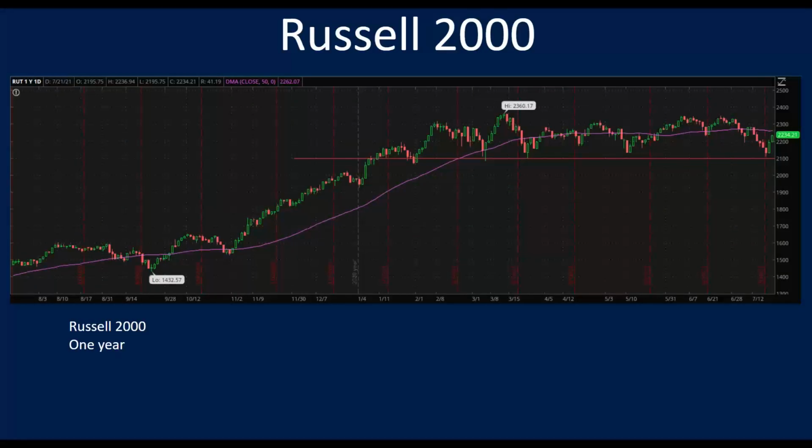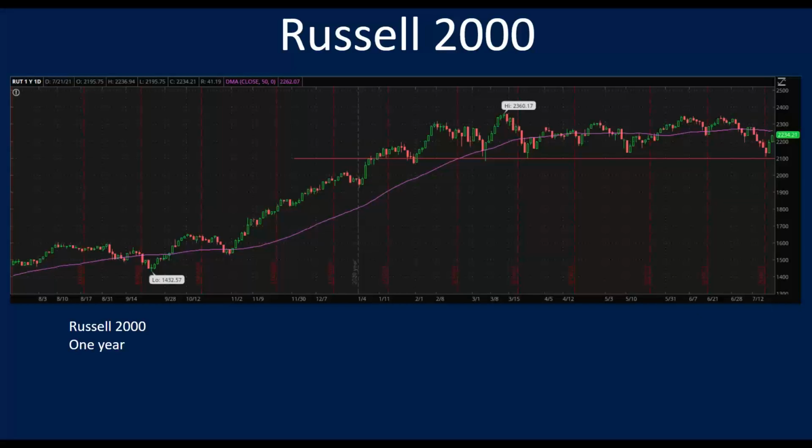The Russell 2000, so small cap stocks, is above the one support line I had there, but also well below the 50-day moving average. It's moving back toward it. That can be resistance on the way up, so we'll see what happens when it gets close to that.